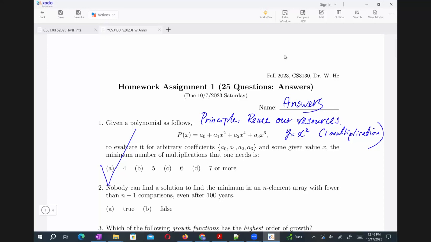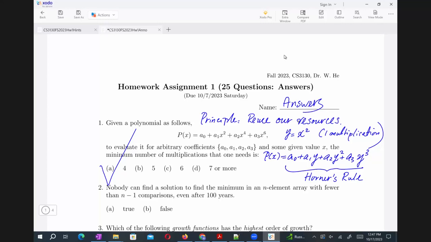Then we can rewrite the original polynomial as a0 plus a1y plus a2y squared plus a3y cubed. After that, you apply Horner's rule. But this time, you bring down the degree from 6 to 3.